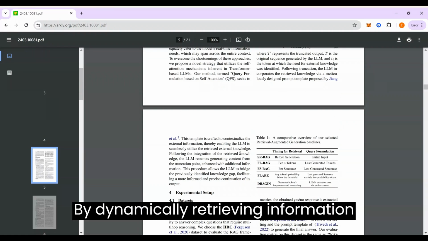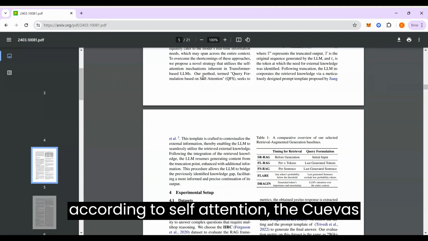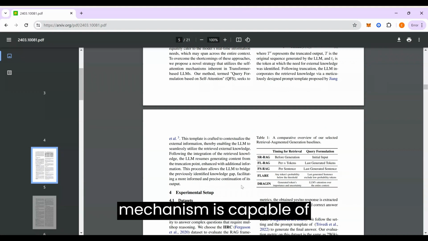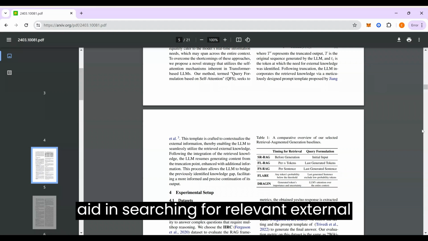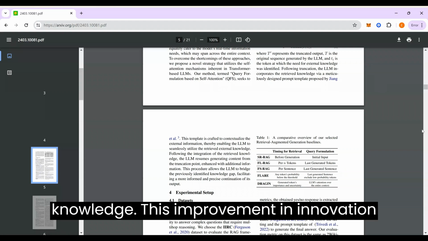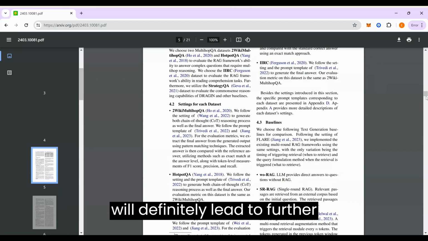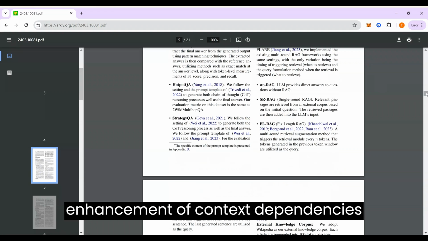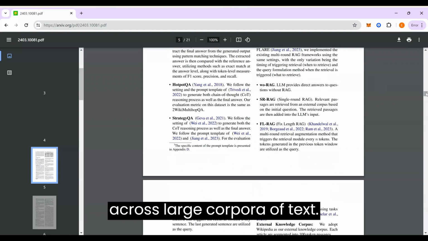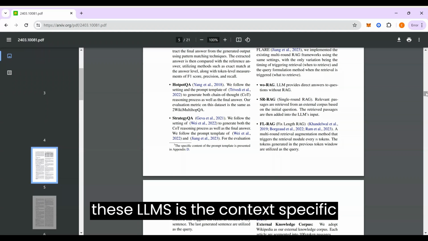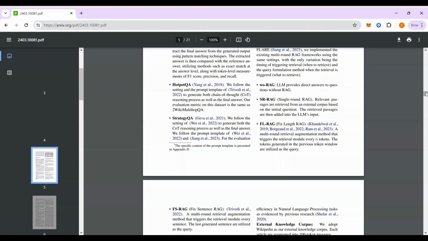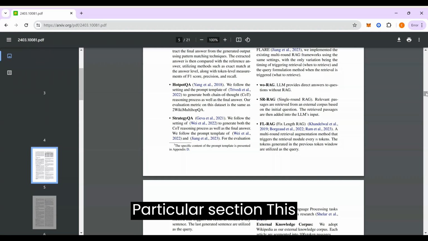By dynamically retrieving information according to self-attention, the QFS mechanism is capable of generating context that can aid in searching for relevant external knowledge. This improvement and innovation will definitely lead to further enhancement of context dependencies across large corpora of text. The obstacle with these LLMs is context specificity across a particular section.